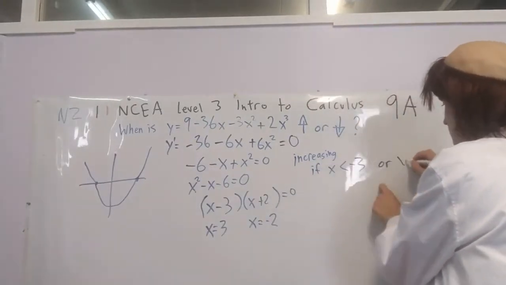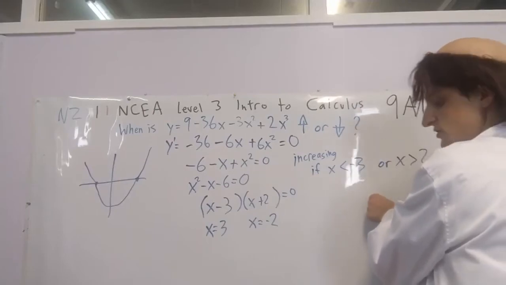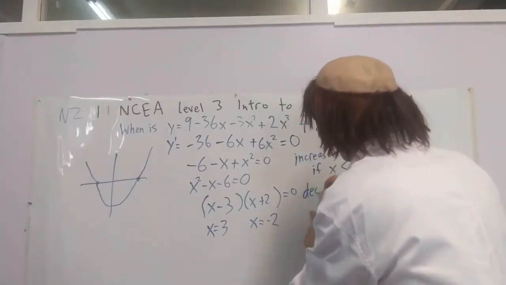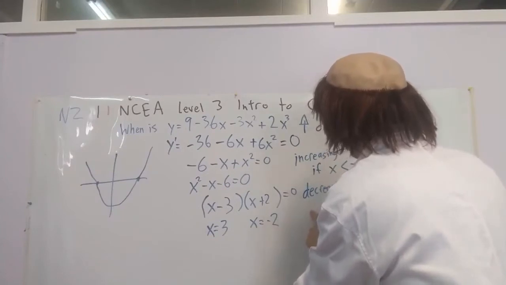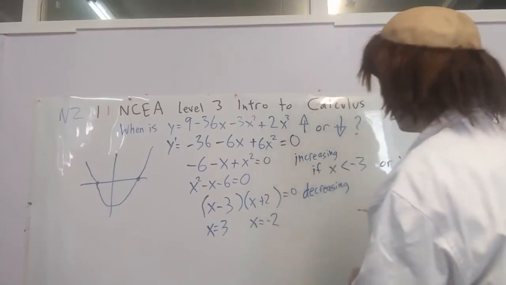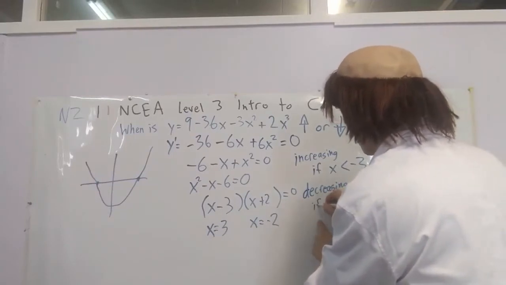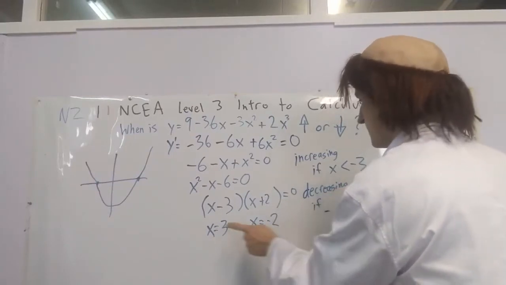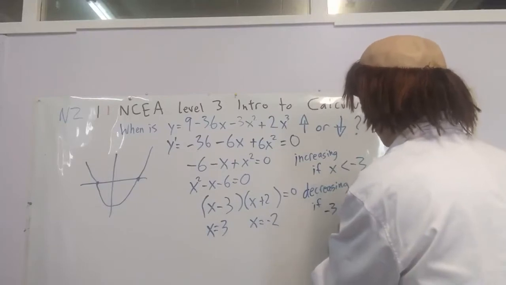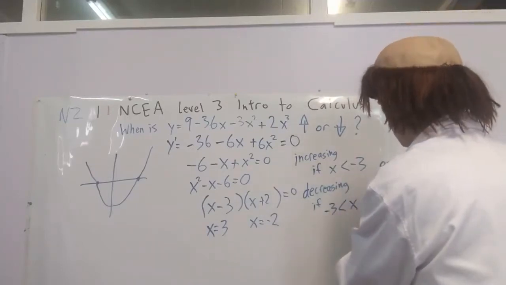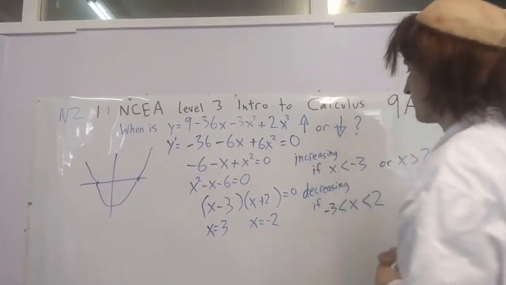Now it's decreasing if negative 3 is less than x, and if x is less than 2.